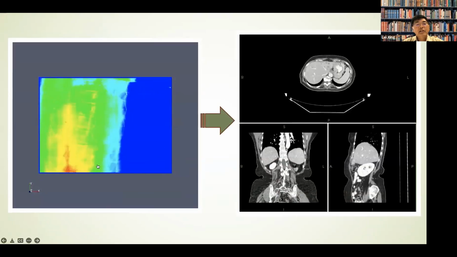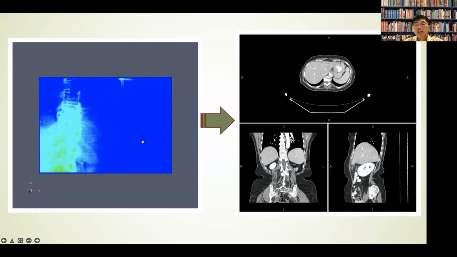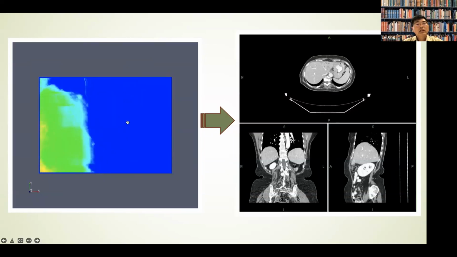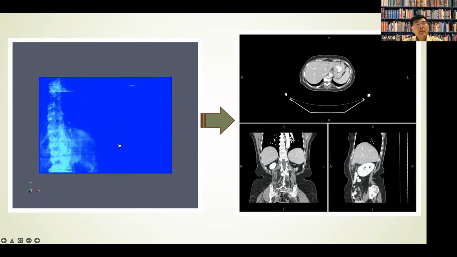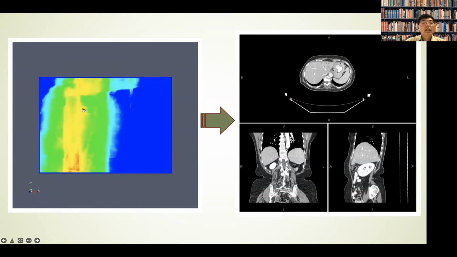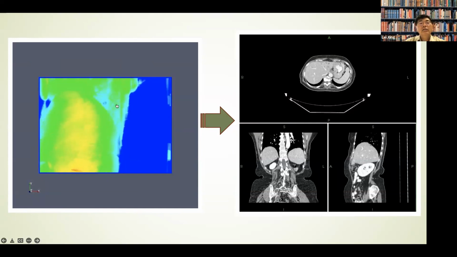So this is the data acquisition process. You can see that this is a CT data acquisition. What you're seeing here is the X-ray tube. It's rotating around the patient, okay, from 0 to 360 degrees. And then the detector on the other side of the patient is taking the measurement.